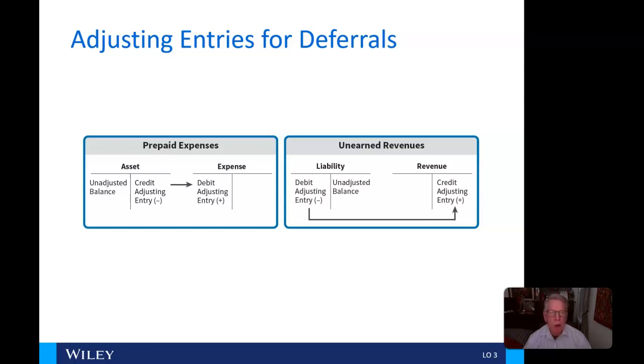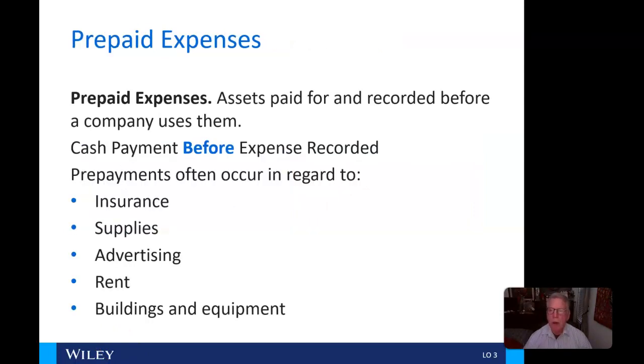The opposite for unearned revenues. So as we earn those revenues, we're going to credit earned revenues and debit unearned revenues, whereas prepaid expenses were a little bit different. Okay, let's look at that.